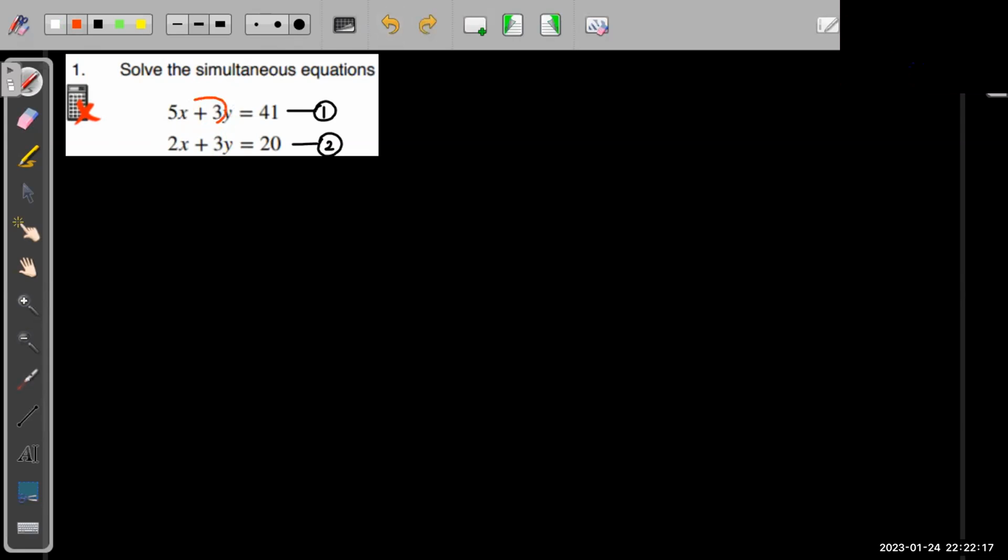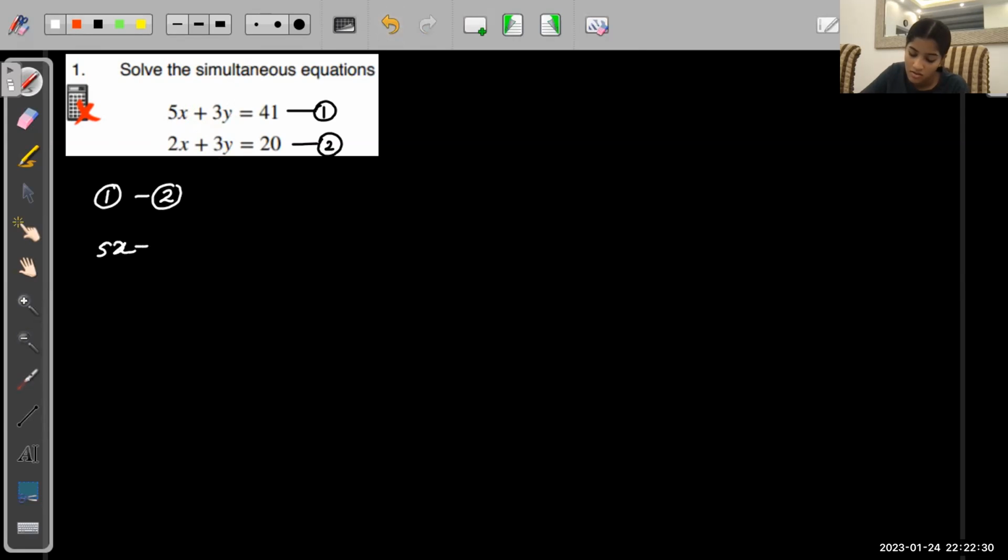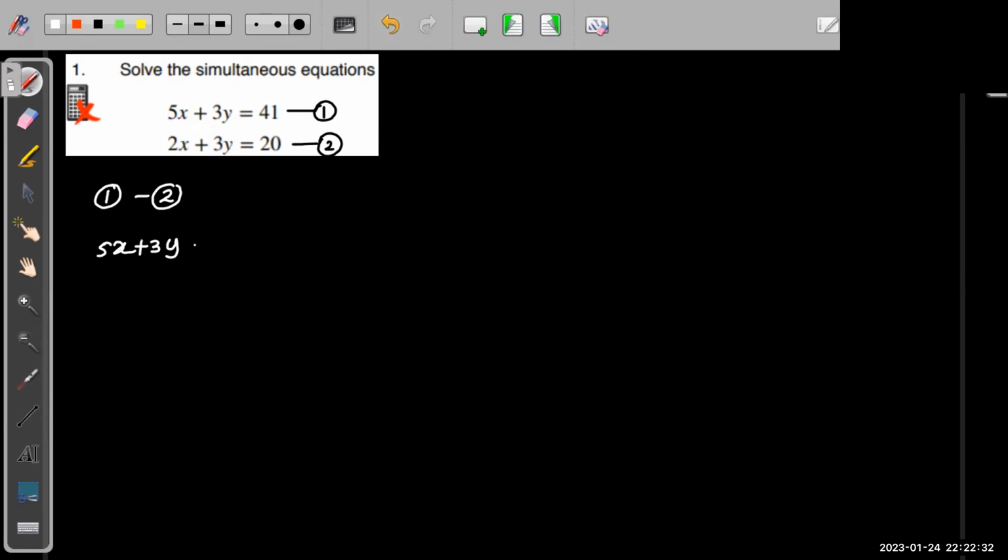If the signs of both equal coefficients are the same, what you can do is subtract: equation 1 minus equation 2. So 5x plus 3y minus, when you write the next equation, make sure you write it inside the bracket, (2x + 3y), 41 minus 20. Got it?